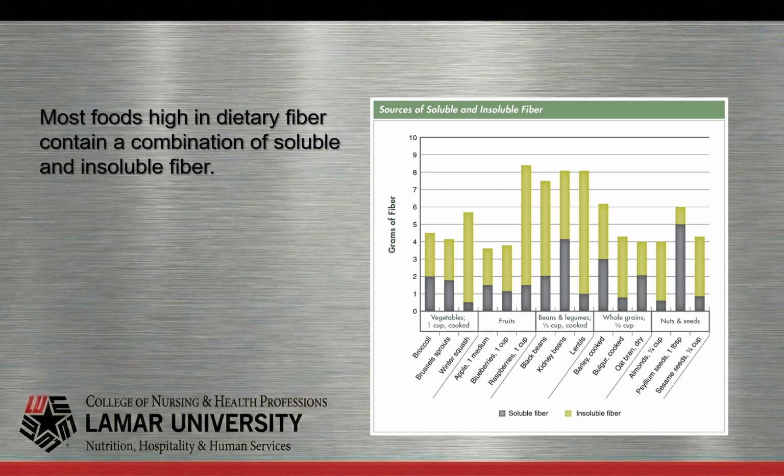Rich sources of soluble fiber include broccoli, Brussels sprouts, kidney beans, barley, and oat bran. Fruits such as apples, prunes, and citrus fruits also contain a significant amount of soluble fiber. Like soluble fiber, insoluble fiber is present in a variety of vegetables, fruits, legumes, nuts, seeds, and whole grains.